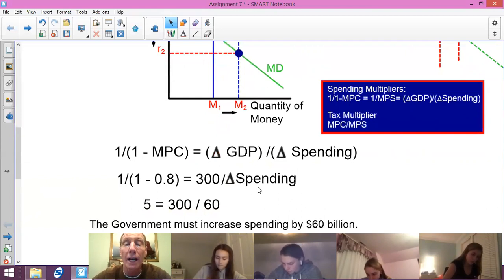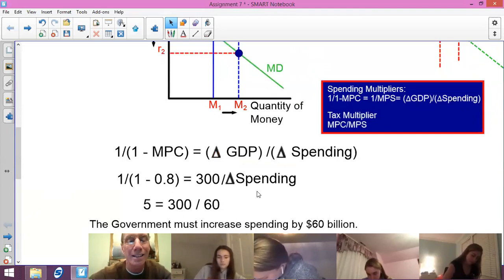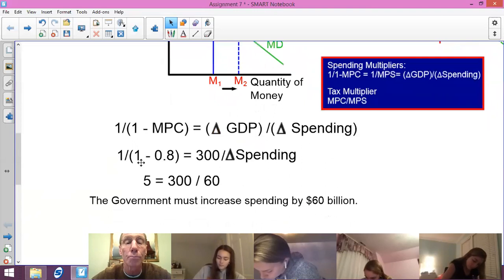What we're trying to find out is how much more the government would have to spend in order to get this increase in GDP of 300 billion. And we simply do the math: 1 over 0.2, because 1 minus 0.8 is 0.2.